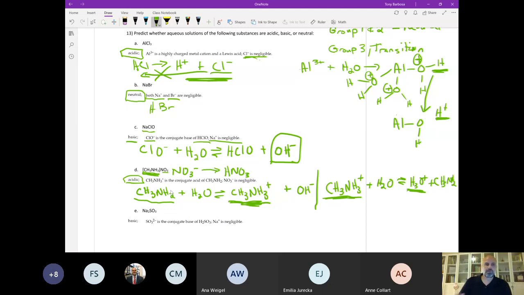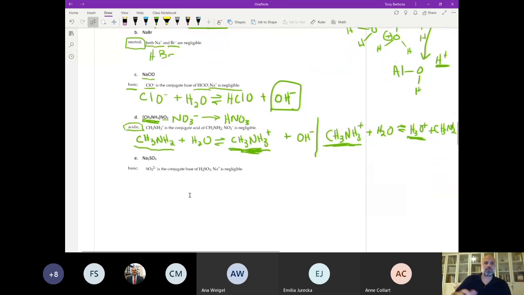And then the last problem down at the bottom, where we have sodium sulfate. The sodium ions we've talked about before have no effect at all on the solution because they're group 1 metals. Sulfate is the conjugate base of HSO3 minus. Quite honestly, this is wrong, so it should be HSO3 minus.